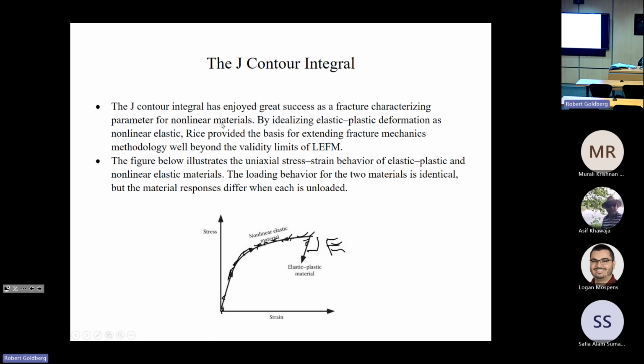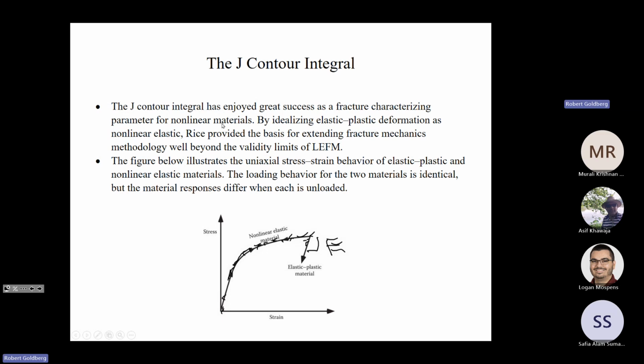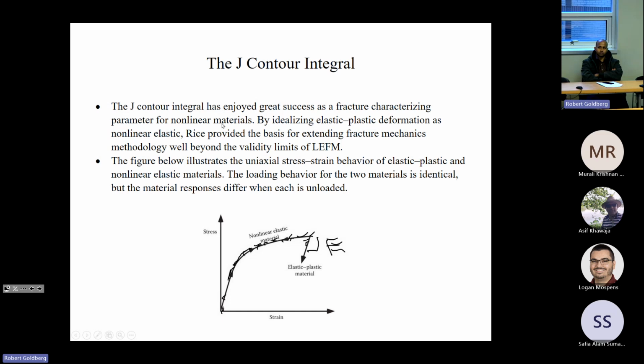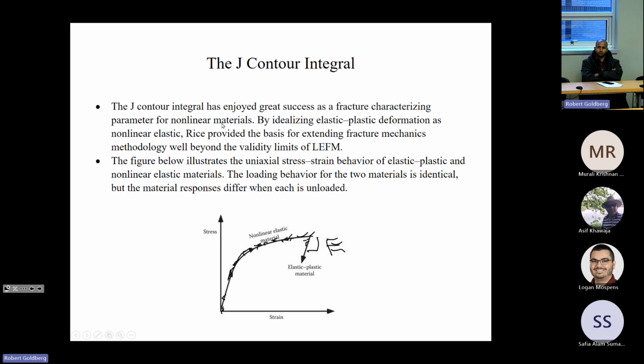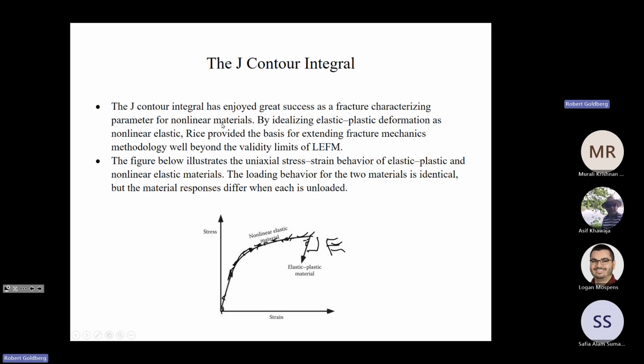But in an elastic plastic material, it matters how you get there. If you apply a tension load and then a torsion load and end up with a certain stress level, but then for another material you apply a torsion load first and then a tension load, even though your stress levels are the same, the plastic strains you have could be very different.